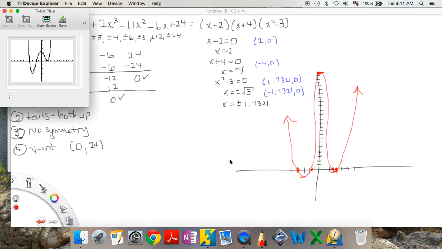So you hit second trace, which gives you the calculate, and then we want the minimum, so it's number 3, and then it's asking for our left bound, so we arrow over to the left. Make sure you get all the way over left of it, good, and hit enter.